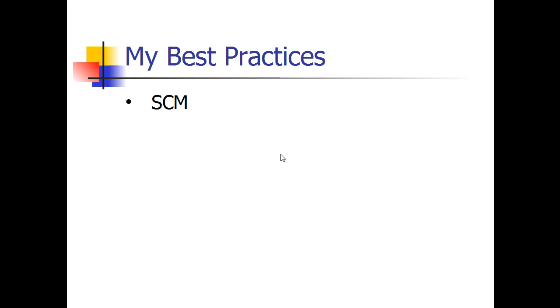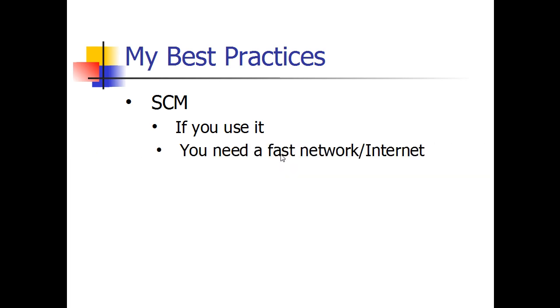Let's talk again about the SCM, the source code manager. We already saw in which conditions you want to use it and in which ones you may be better off not using it. Now, if you decide to use the SCM for any of the very good reasons there are to use it, you need a fast network or internet connection.